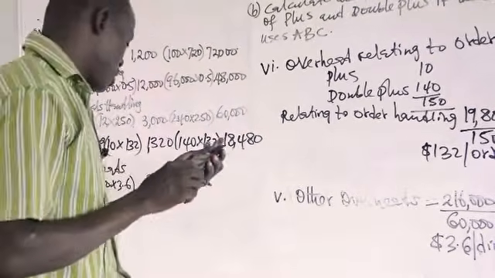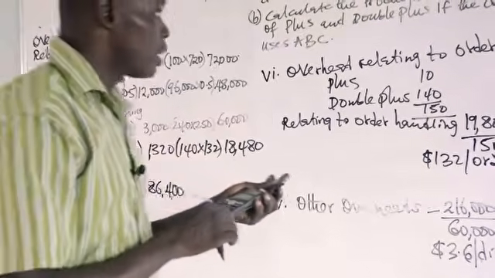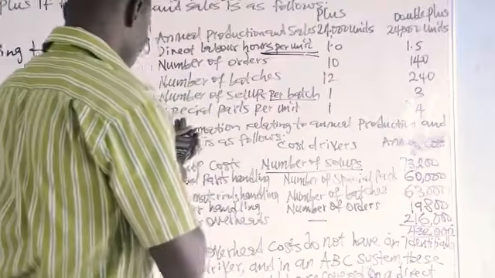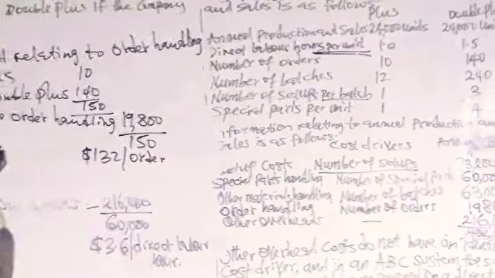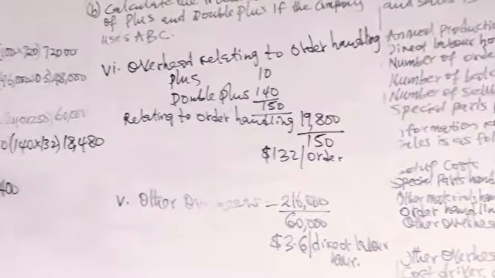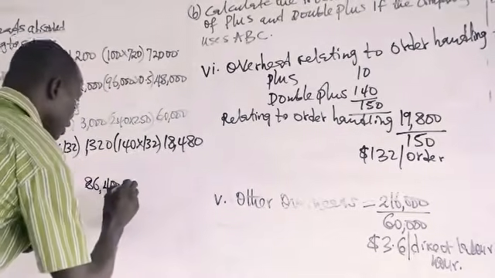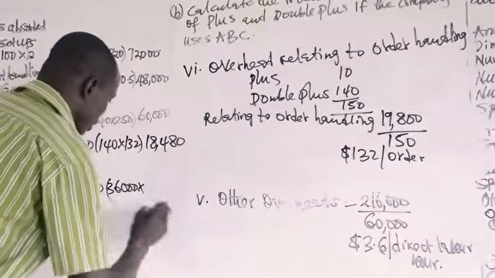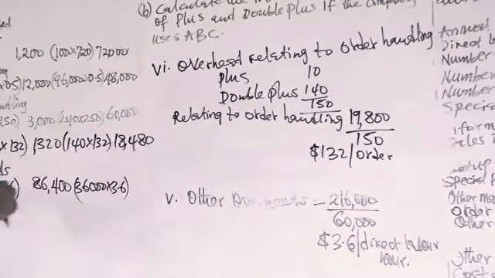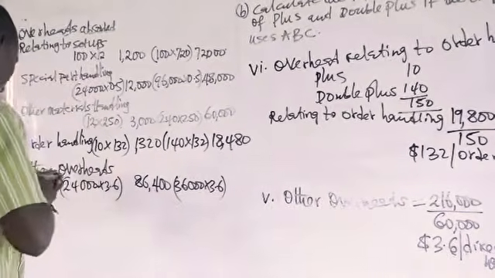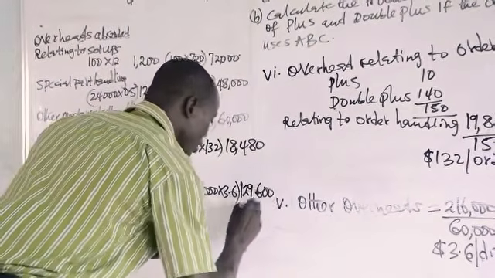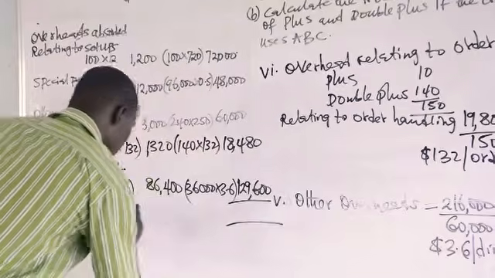For double plus, 24,000 times 1.5, and that is 36,000. 36,000 times 3.6, and that will give us 129,600.